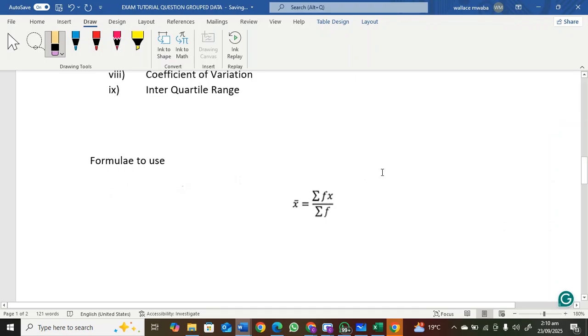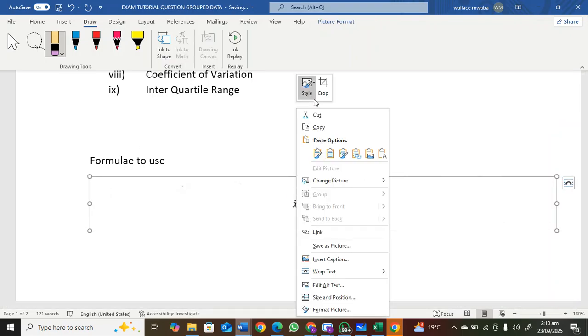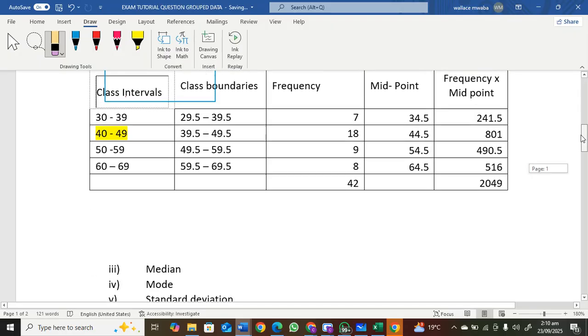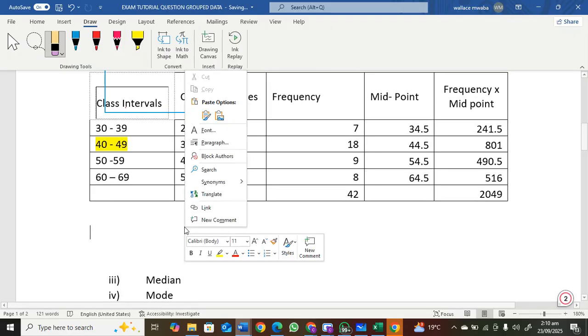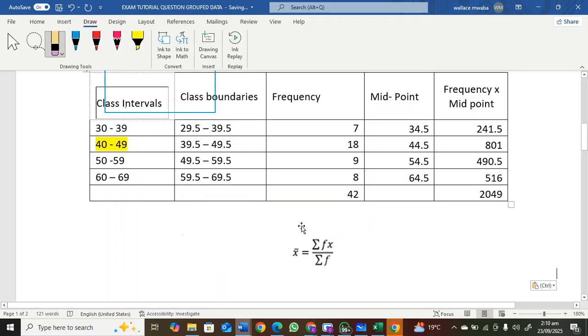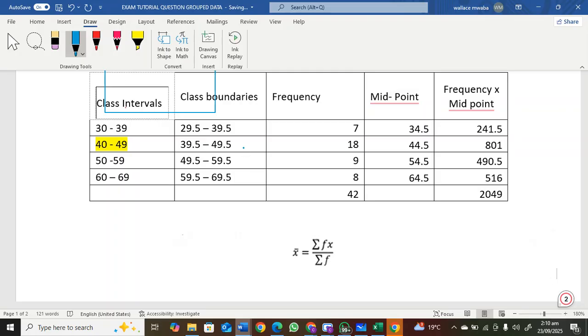Okay, so let me get the formula for the mean. So this is the formula for the mean. All right. Summation of fx, which is this one here, divided by, so this is the total of the frequency multiplied by the midpoint divided by the summation of the frequency, right?